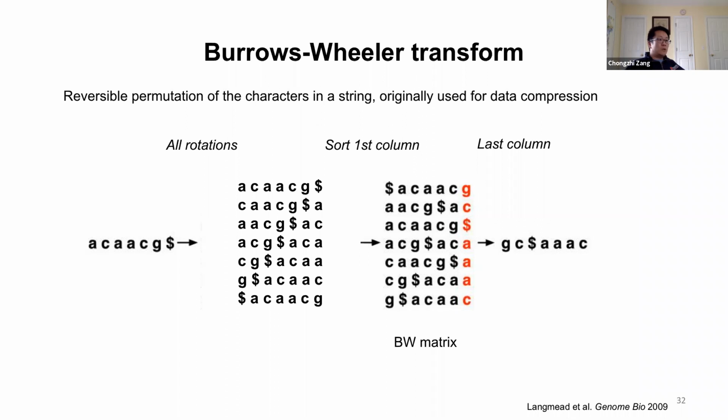Burrows-Wheeler transform was originally developed for data compression.